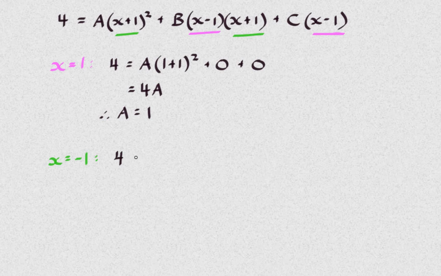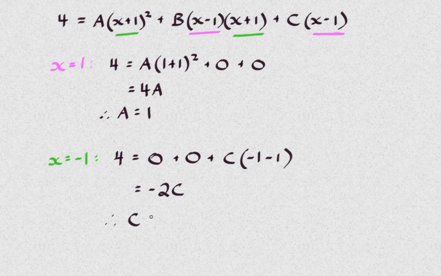Well, we have 4 on the left. The a term will go to 0. The b term will go to 0. And we are left with just the c term, which is -1 in the brackets, meaning that -2 times c is equal to 4. And so therefore, c must be -2.